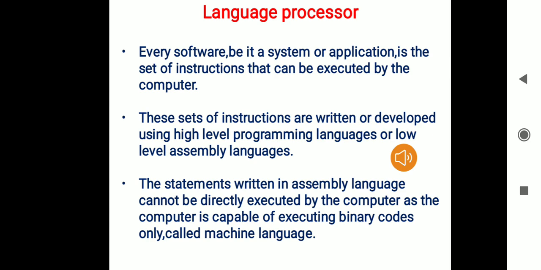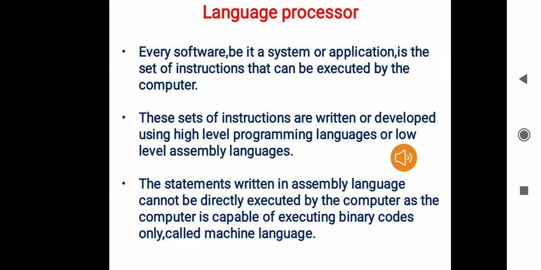Examples of high-level programming languages are C and Java. Out of C and Java, you will be learning Java in your class 11 standard. Whereas examples of low-level languages are the assembly languages and the machine languages.